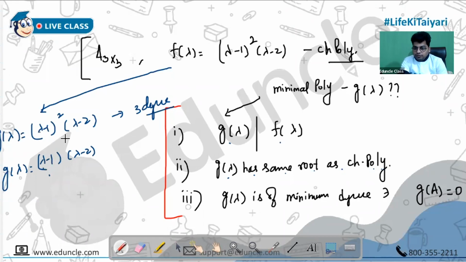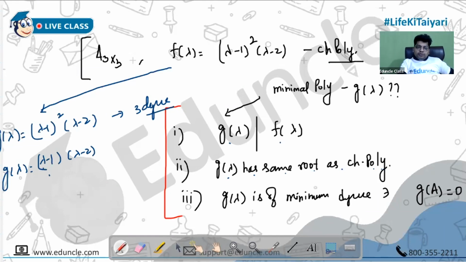Yes or no? So first of all, whenever you have a characteristic polynomial, you have to find the possibilities, so that we can find the minimal polynomial. So there are two possibilities.